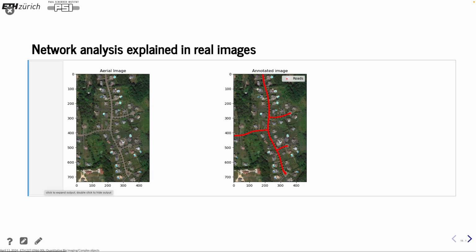And looking at a more practical example, we have here a little piece of a street. So we have an aerial image of this street with some different side streets going in different directions. And we want to analyze this street network here. This is still very simple.